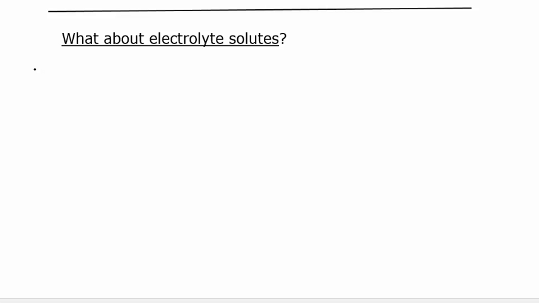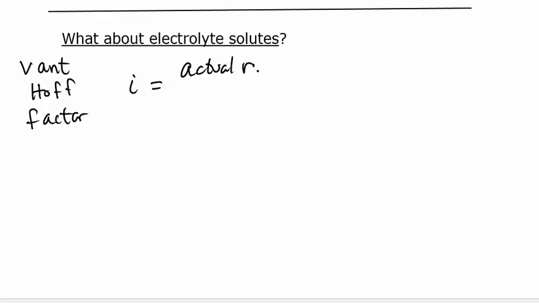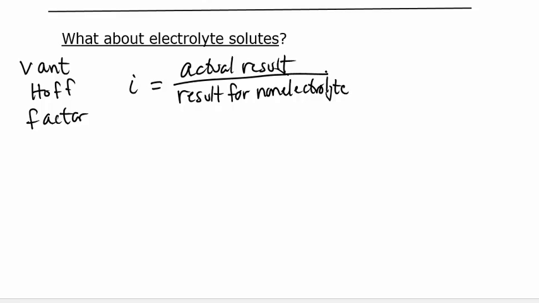And what happens is we talk about something called the Van't Hoff factor, which is given the letter i, sort of a script i, and it is represented by the fraction of the actual result divided by the result for a non-electrolyte. So it's sort of a correction term for how much different a solute acts than a non-electrolyte.